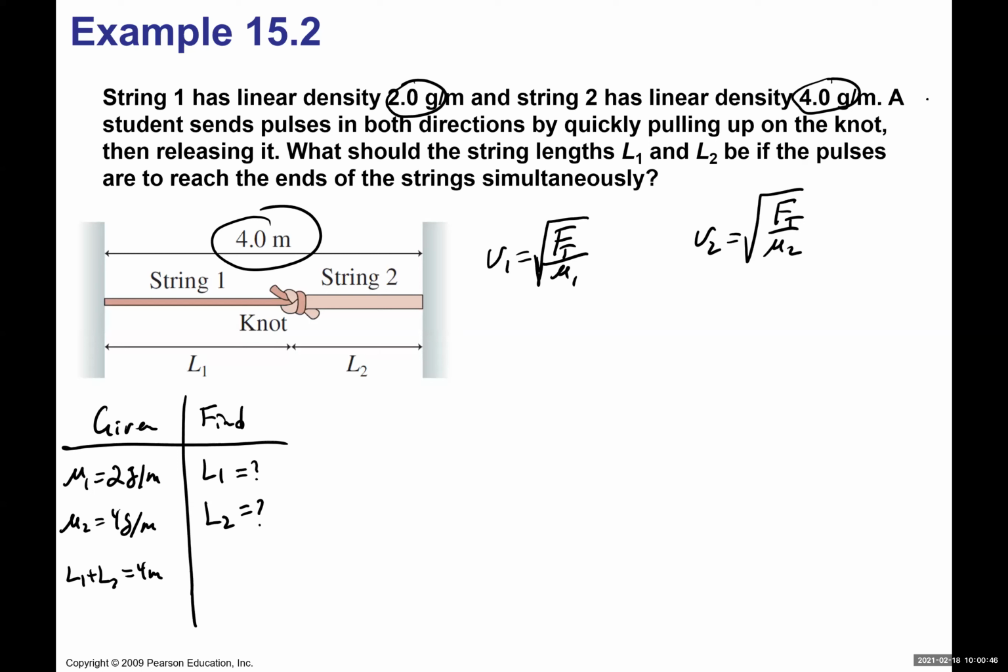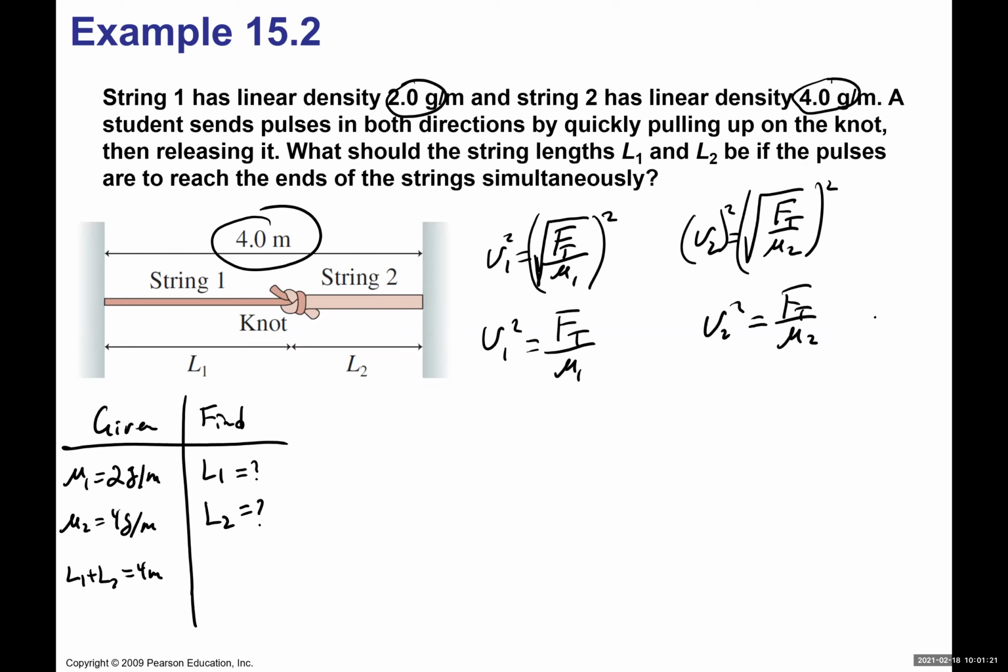Now, generally when you have two things like this, sharing a common quantity that is constant, and that's tension, I can use that to equate them. For example, if I square both sides, v1 squared equals F_T over mu1, and v2 squared equals F_T over mu2.